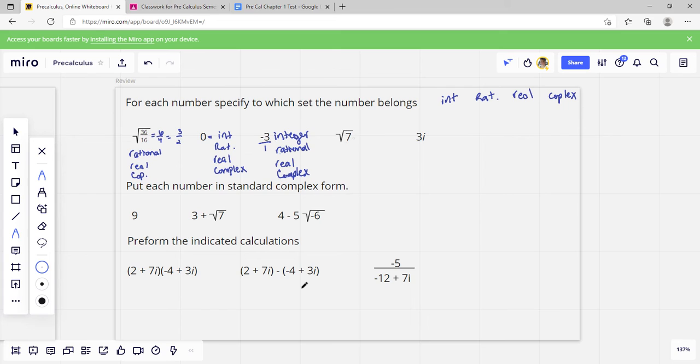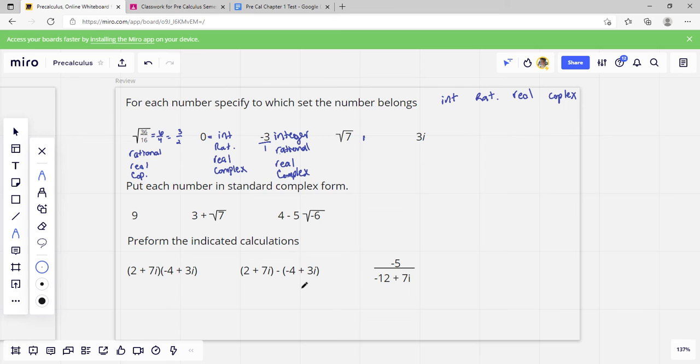All right, square root of 7. Is square root of 7 an integer? It's not going to be an integer because it is not a whole number. Is it rational? No, it is not rational because we can't just say what's the square root of 7. That one's going to come out as a decimal.